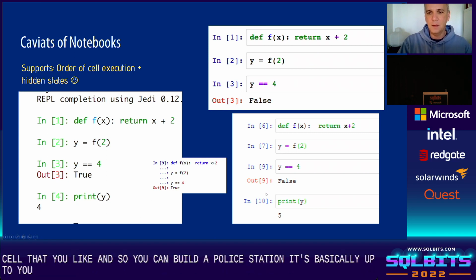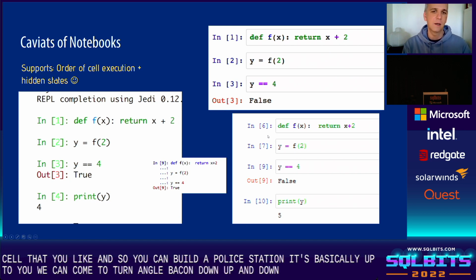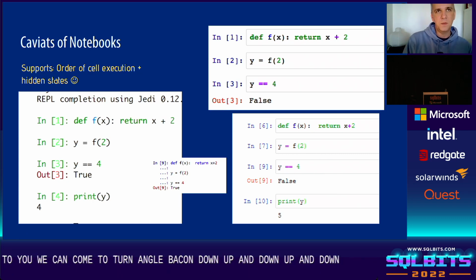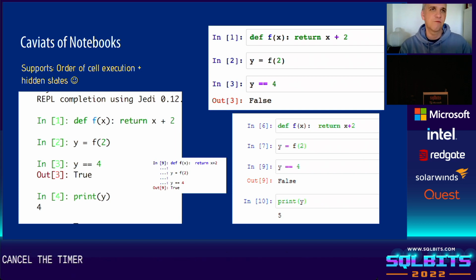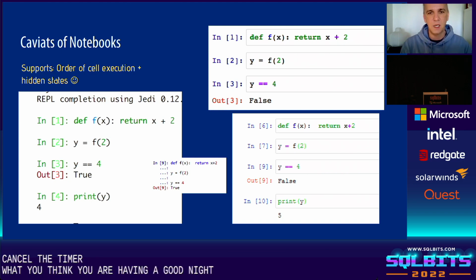You can come to 10 and then go back and down and up and down and up and down. The problem is that sometimes you would have some intermediate states of some variables or some modules or some results that might not really be what you think you're having, and it might give you some type of skewed result. So this is something that is super bad.